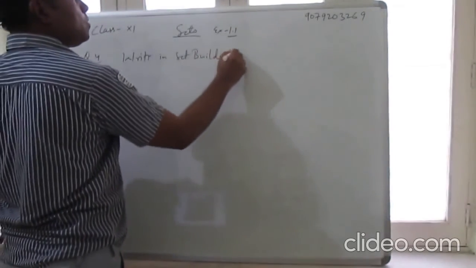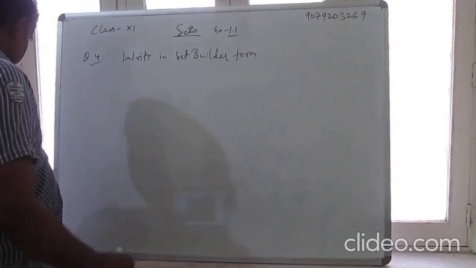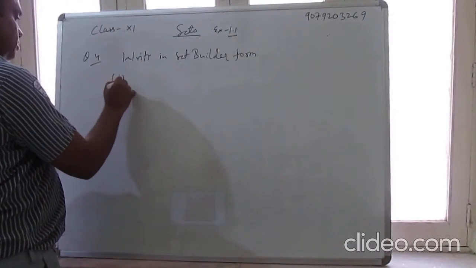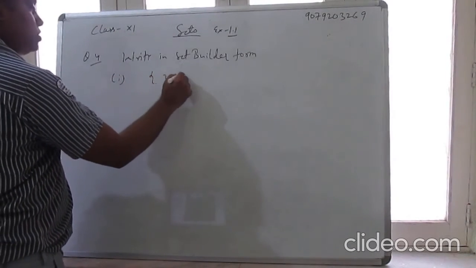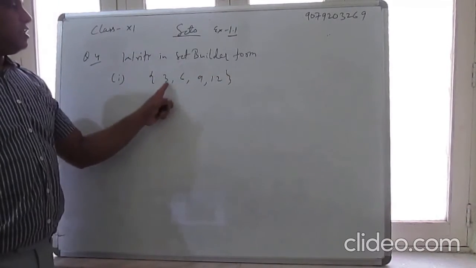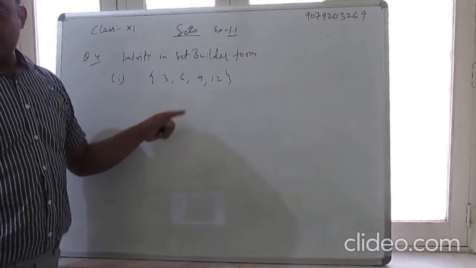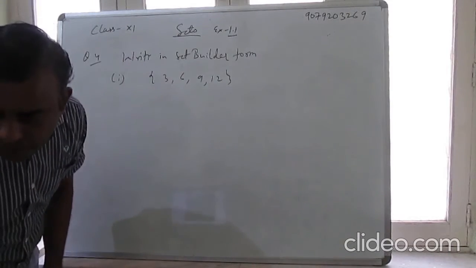Now write in set builder form. First is 3, 6, 9, 12. Here you see that 3, 6, 9, 12 are multiples of 3.